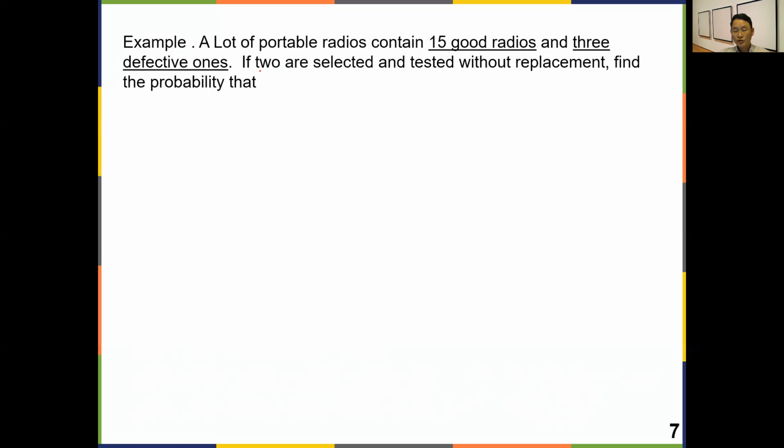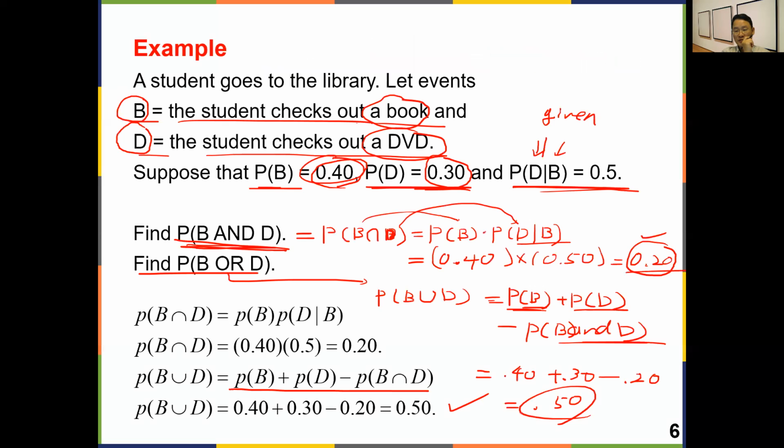Now, you are going to pick 2. 2 are selected and tested. Look at this, without replacement. Now, we've seen this one before. Without replacement. What does that refer to? Let me go back.